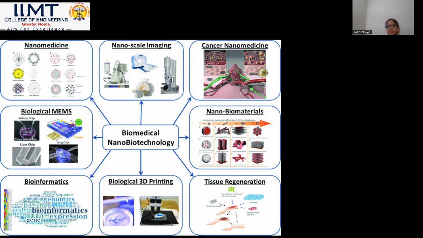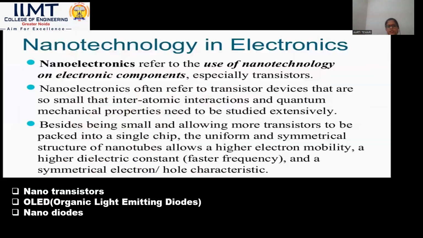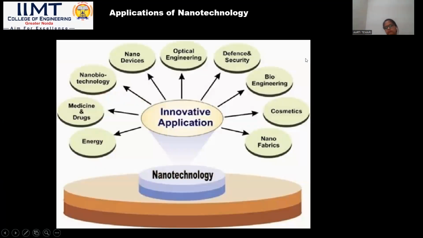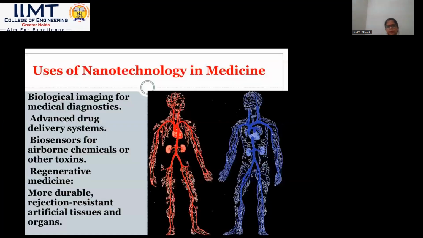Then we discussed the applications of nanotechnology. We discussed nanoelectronics. We discussed defense and security. We discussed the applications of nanotechnology in medicines and drugs, optical engineering, bioengineering, cosmetics, and nanofabrics.